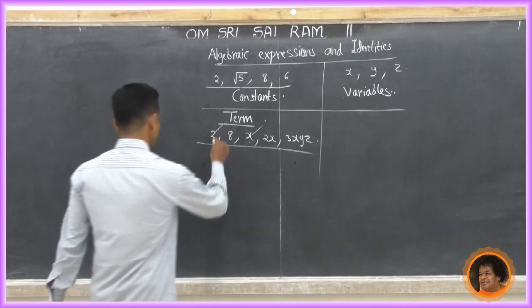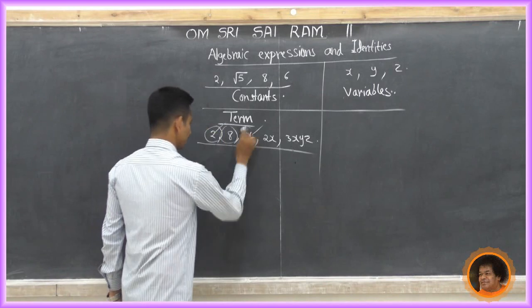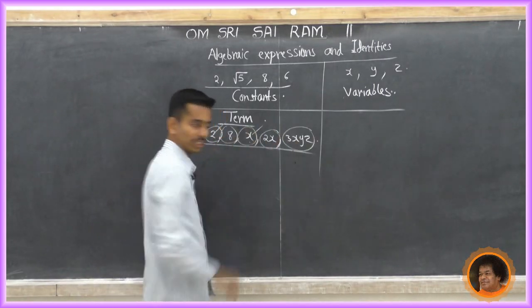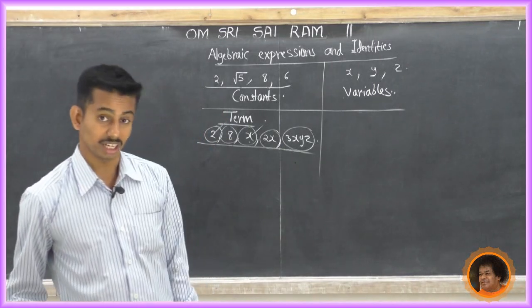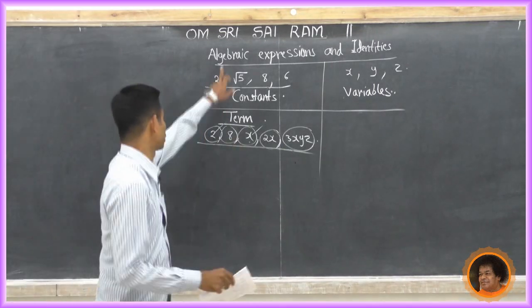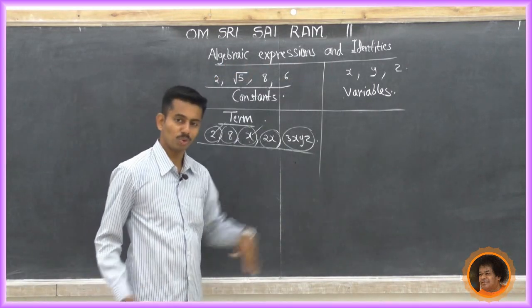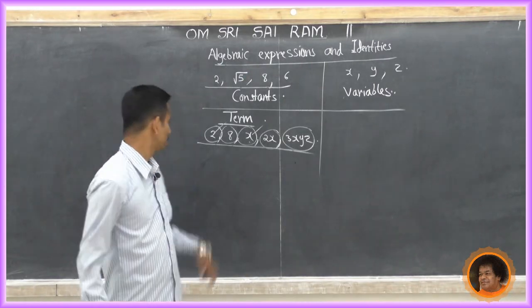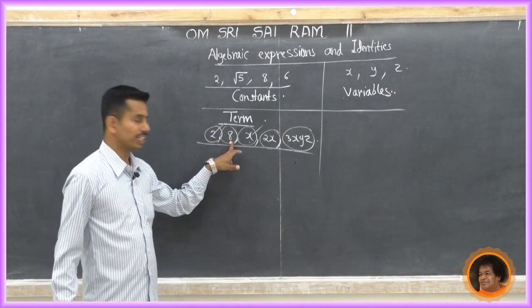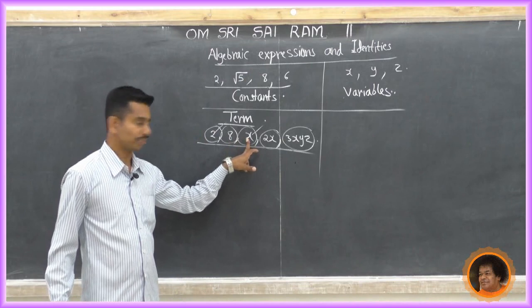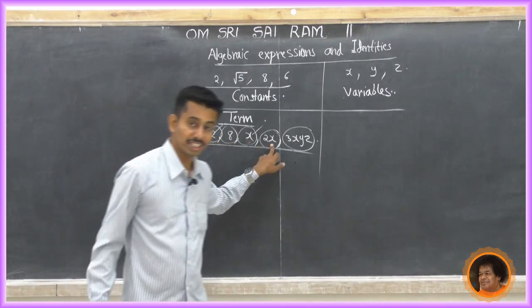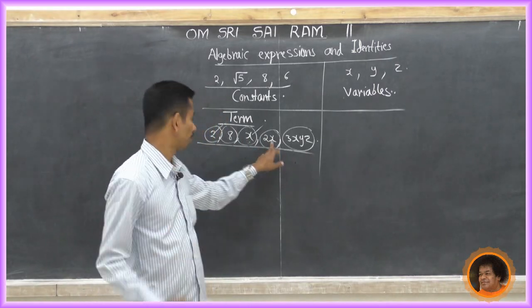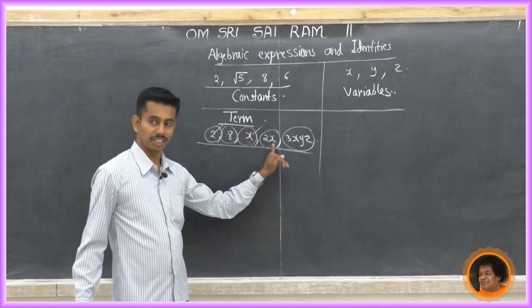Now, these 2, 8, x, 2x, 3xyz are also called algebraic expressions. What do you mean by algebraic expression? 2 is a constant, 8 is a constant, x is a variable, 2x is a combination of constant and variable.